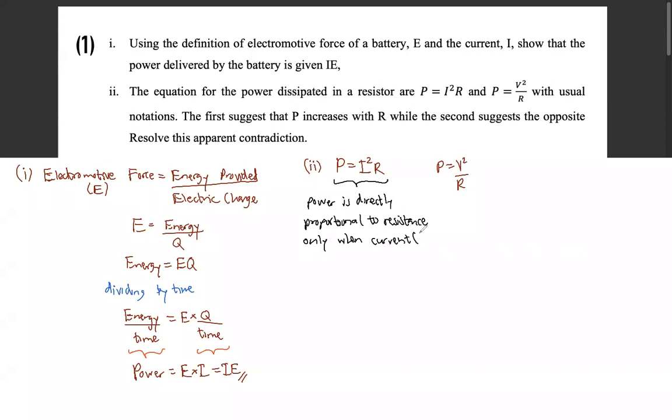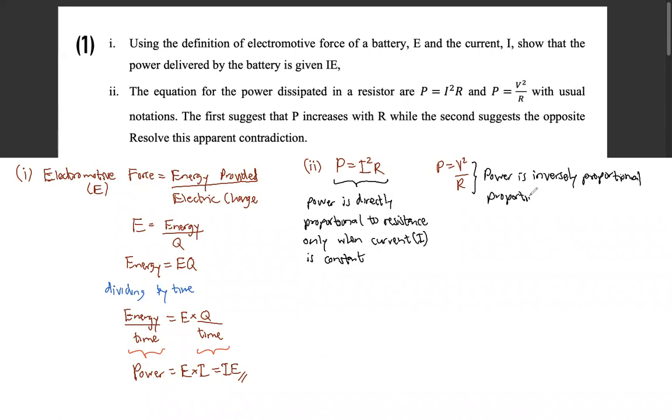Current means I. If the current is not constant, you can't say that power is directly proportional to R. And using the other equation, you can say power is inversely proportional to resistance only when who is constant?